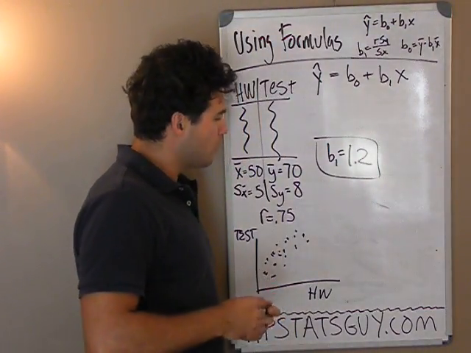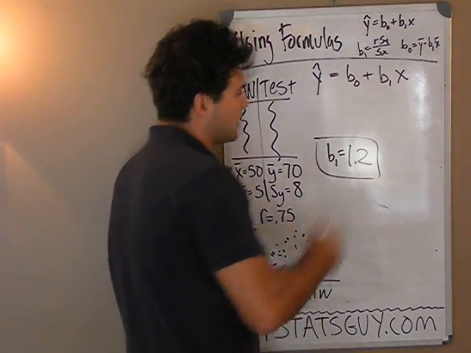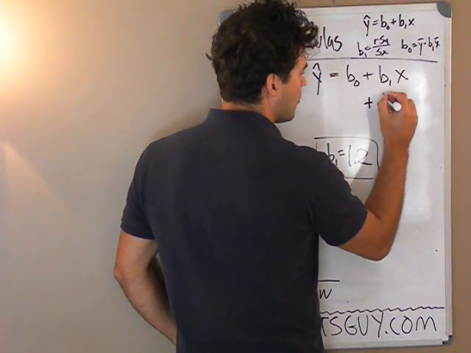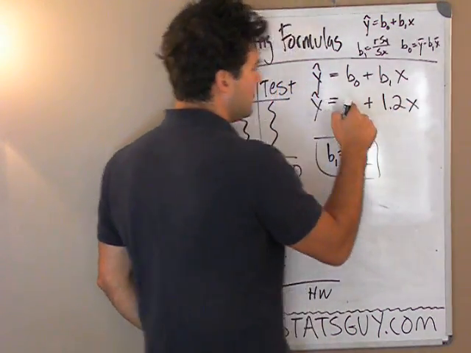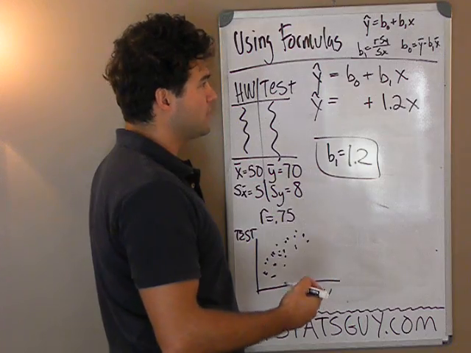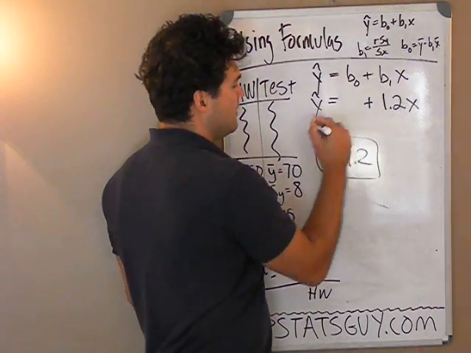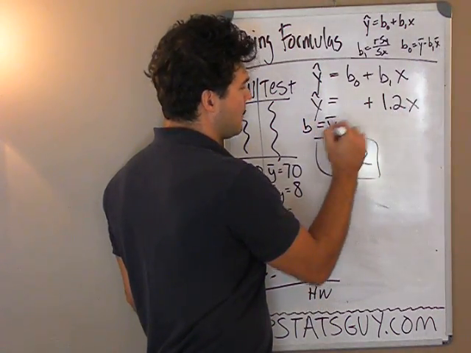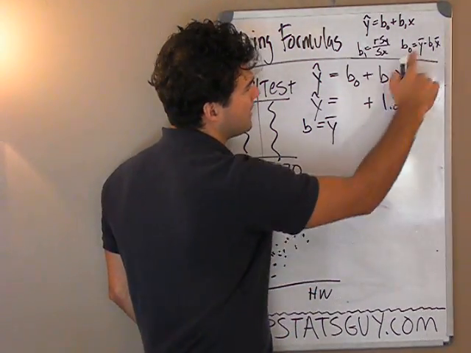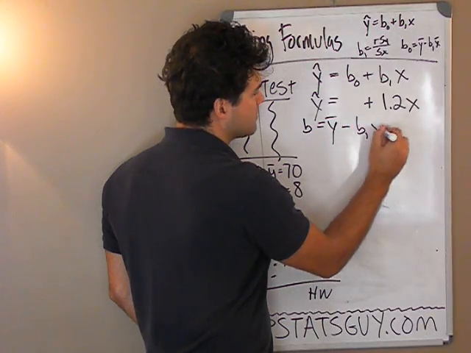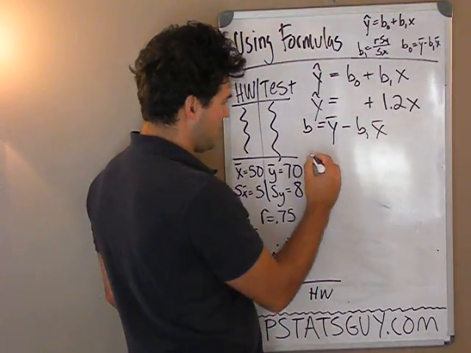Now I've got a slope, so I can put that here: 1.2x. I don't have my intercept yet. I need to get an intercept. Well, let's just use the formula. The formula says simply that the intercept is y bar minus b1 x bar. Do I have y bar? Yes.